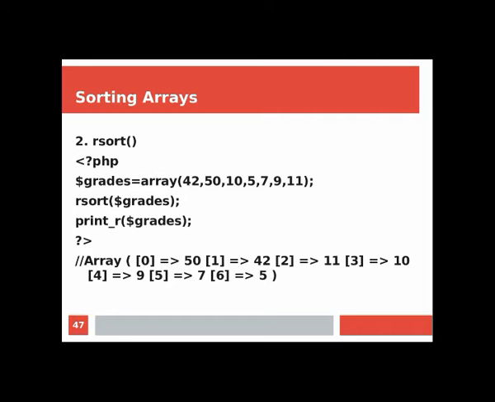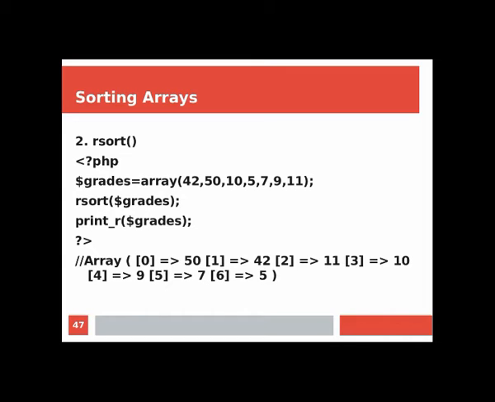Then print_r($grades), our array variable. That means we are sorting our array, and the end of the PHP tag. Again, as I already said, the rsort function sorts the values of an array in descending order. That is why at the 0th position the greatest element, 50, appears.